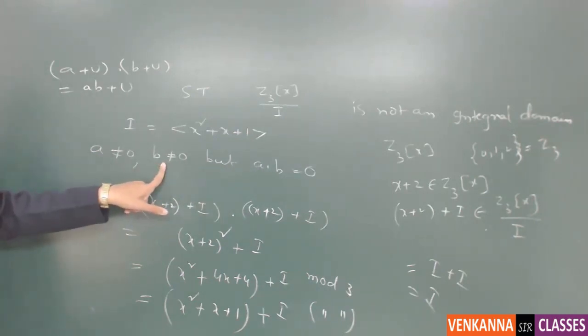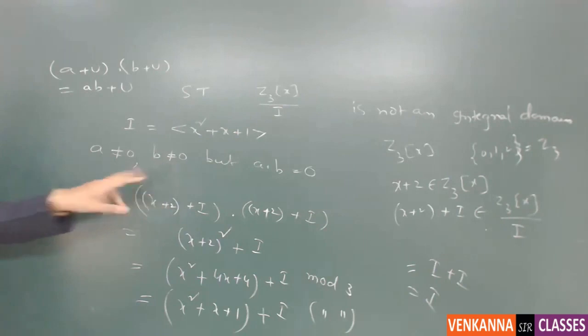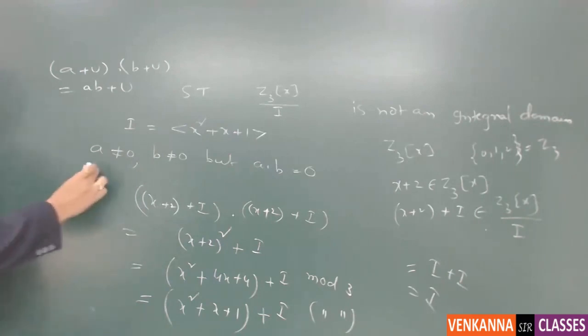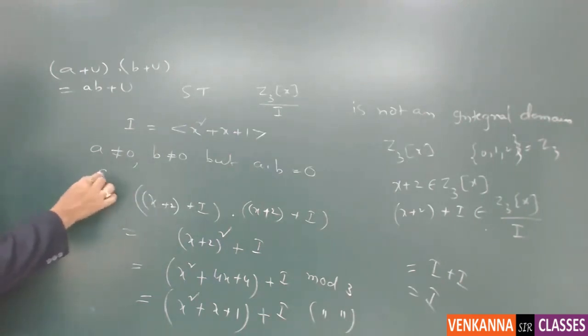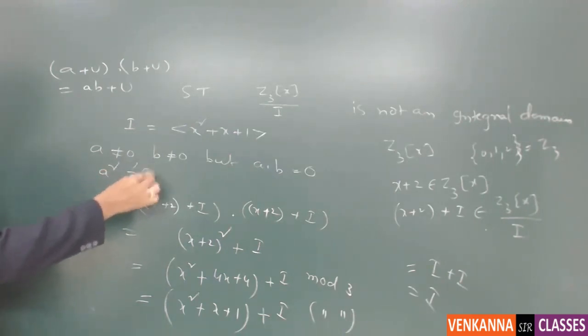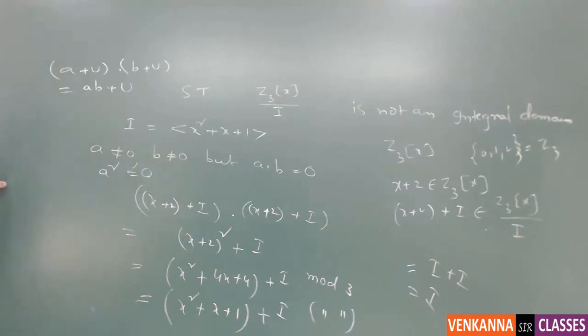Accepted? So in place of A and B, you can take the same element. If you take both the values as A, then A square should become 0 when A is not equal to 0, as per the definition concerned. Accepted?